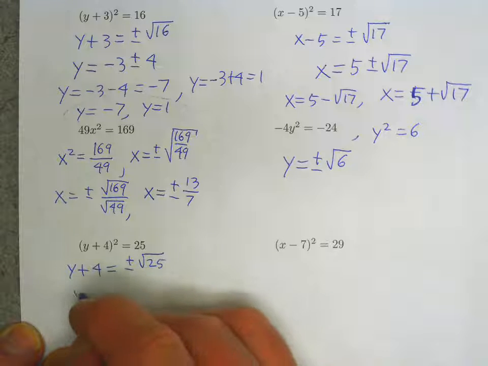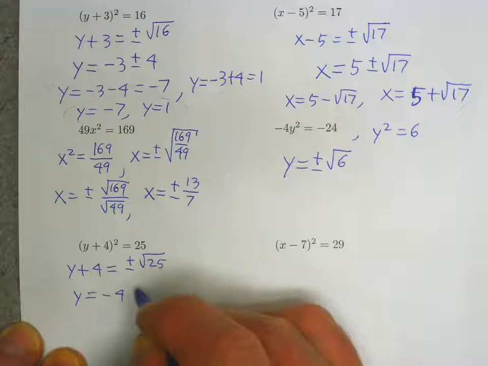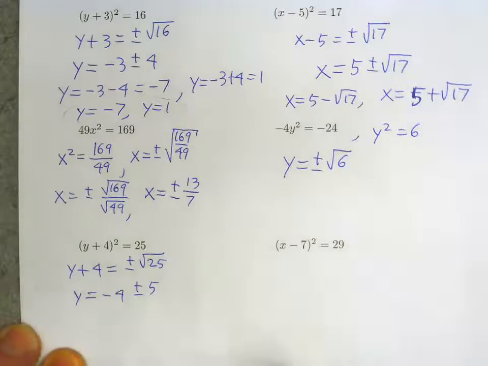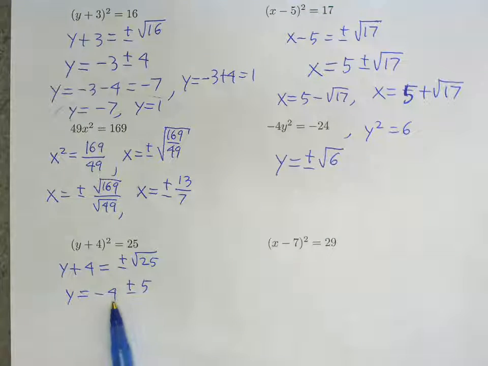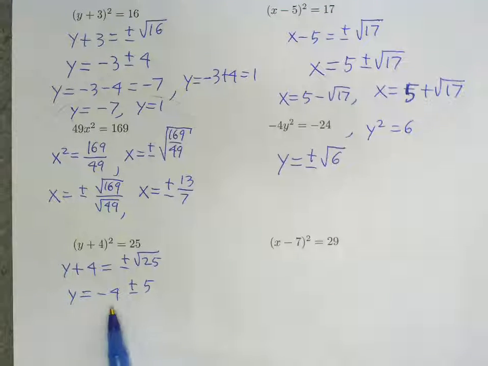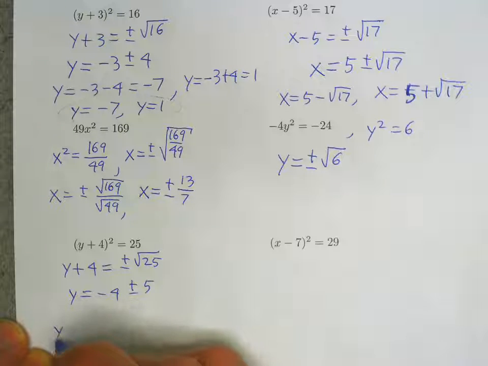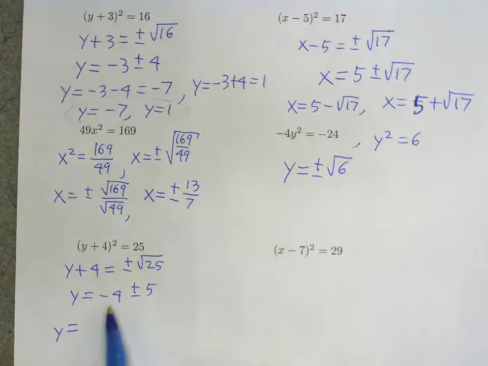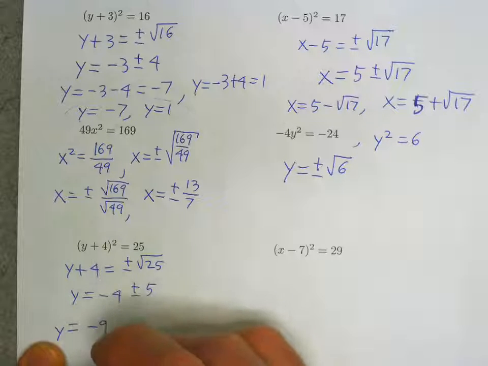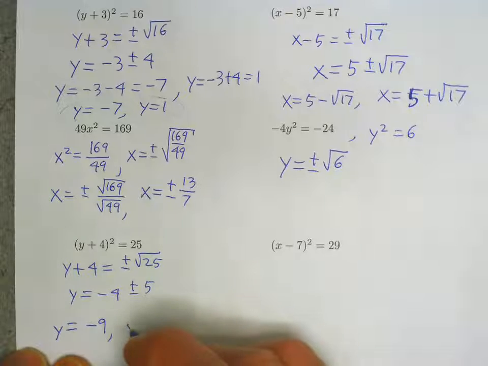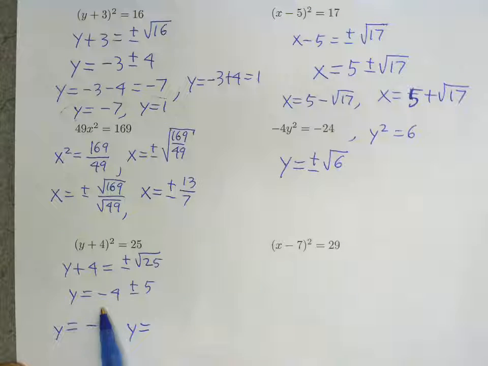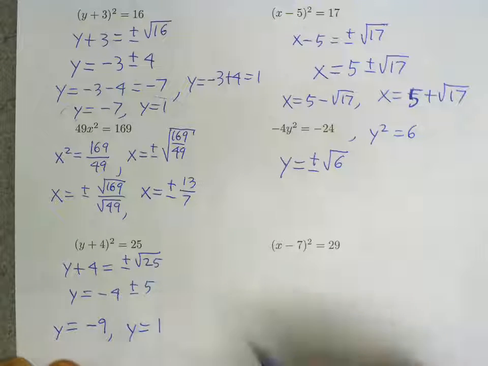So y equals negative 4 plus and minus 5. Since both of those are integers, we can simplify further, and we have to write the solutions separately. So one solution is y equals negative 4 minus 5, which is negative 9. And the other solution is negative 4 plus 5, or y equals 1.